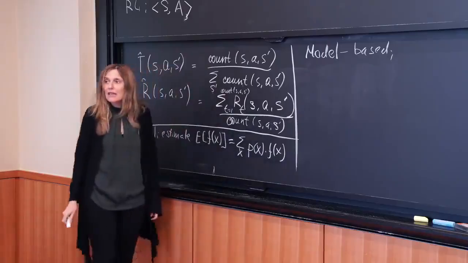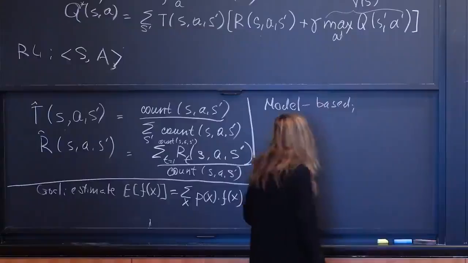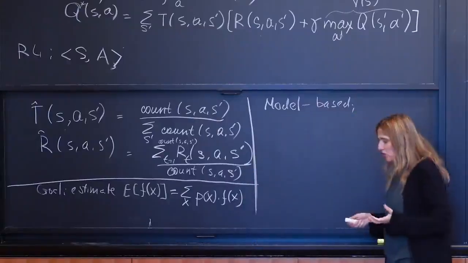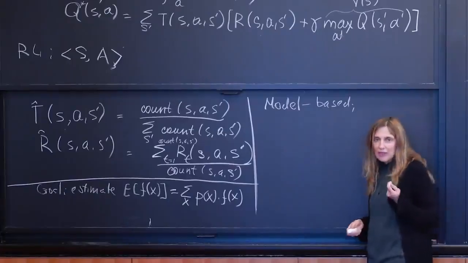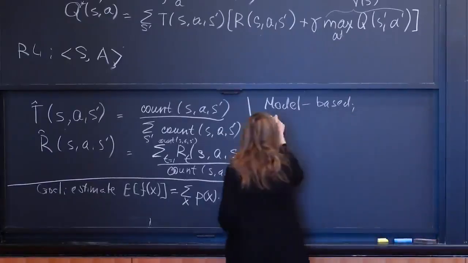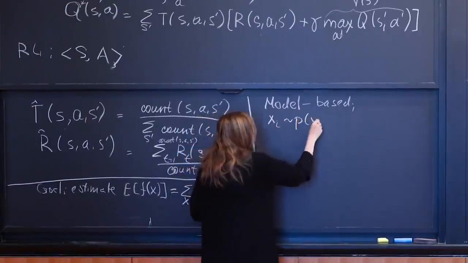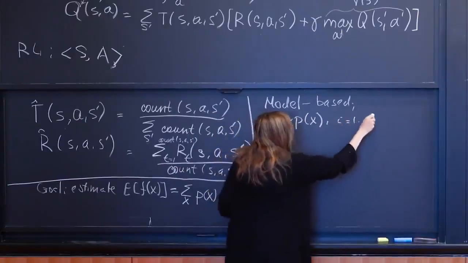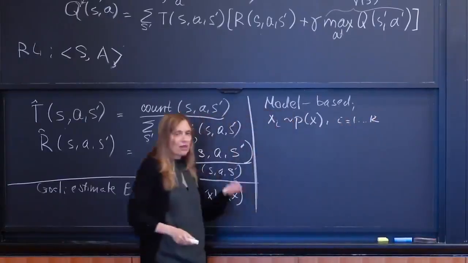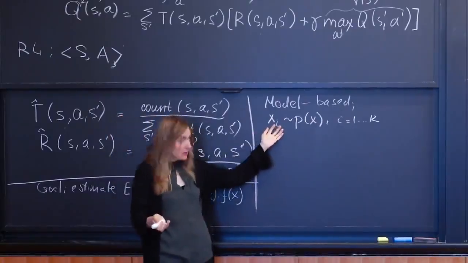Now, in the case of model-based estimation, let's say I have k trials. So what I can do is sample my random variable k times, so i goes from 1 to k. We can throw the coin and collect the numbers, so we're going to get k different numbers.